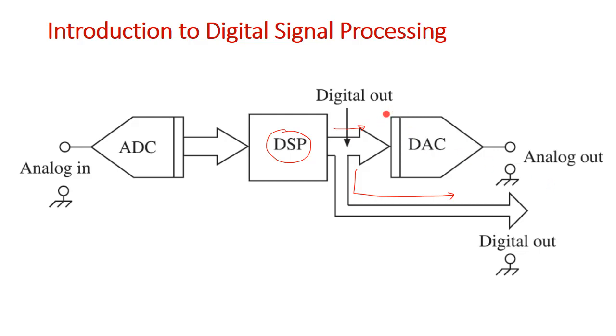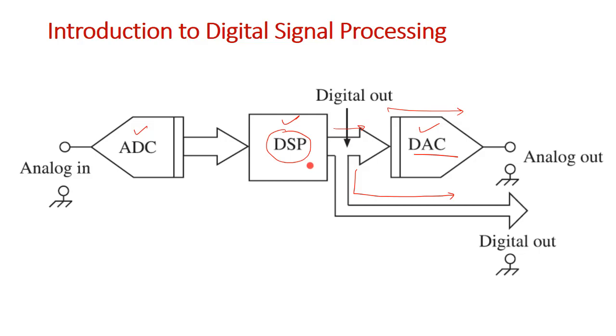If we need the analog signal, then we need one DAC, digital to analog converter, and we get the analog output. So this is how it works. Here is your processor, and we need ADC and DAC in order to get the final analog output from the DSP.